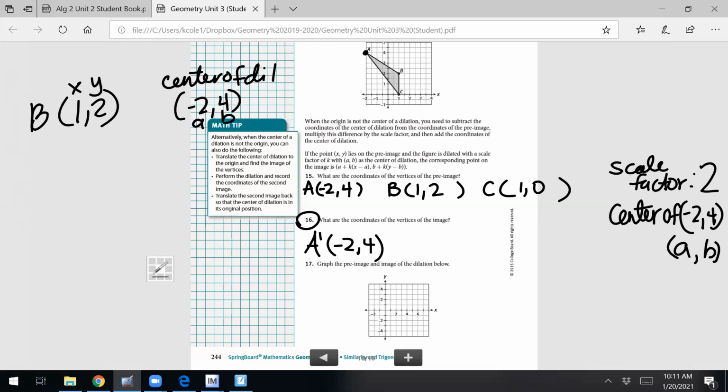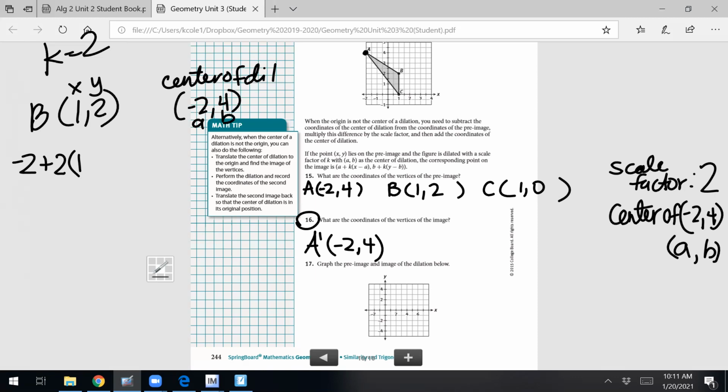So you got to know all those different letters, what's what, to be able to plug into the formula. So the formula first of all says A, which is -2, plus K, which is 2, open parentheses, X, which is 1, minus A, which is -2.